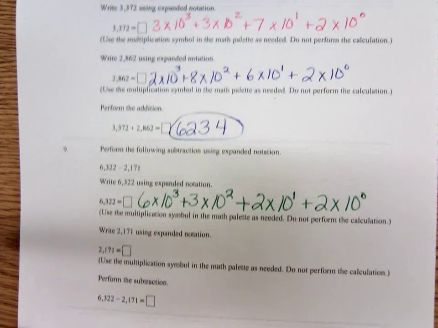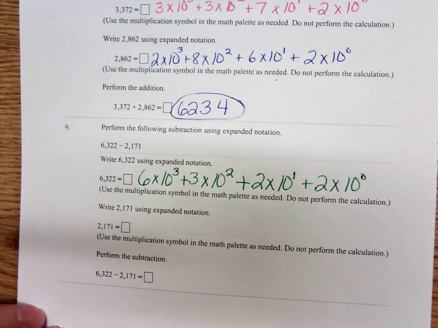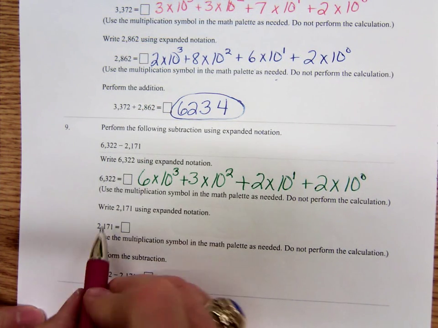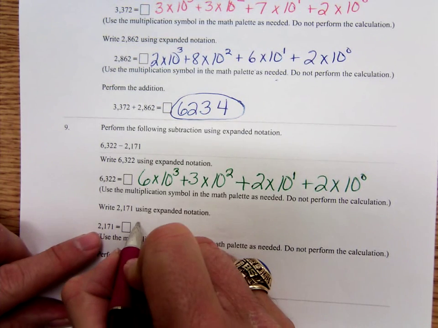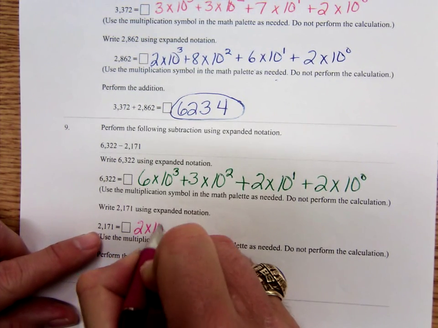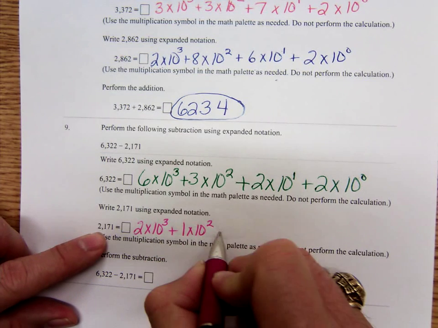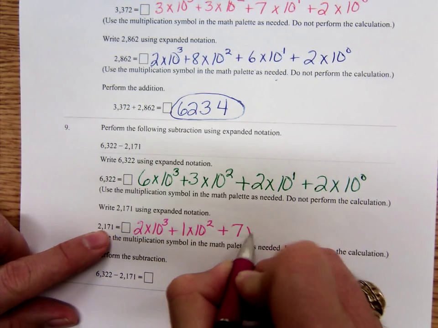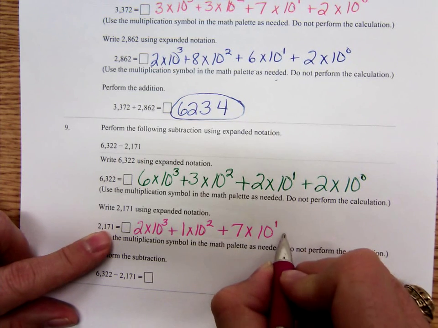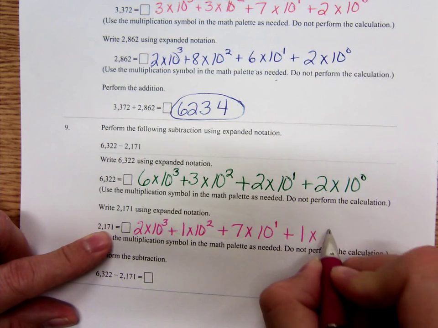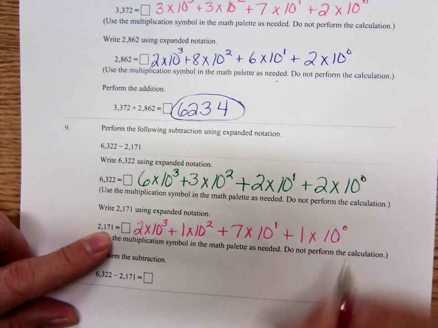Ooh, can y'all see that? Now let's do this one in place value. 2 times 10 to the third plus 1 times 10 squared plus 7 times 10 to the first plus 1 times 10 to the 0.